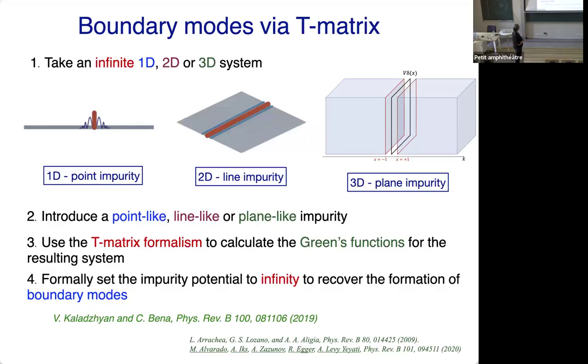Then you have the exact physics which the T-matrix formalism gives you, so you automatically have the physics of the semi-infinite system: either a semi-infinite wire, a semi-infinite plane, or a slab of 3D material. And it's all, again, very simple. We start with the impurity, use the T-matrix formalism, and then you have your Green's function.